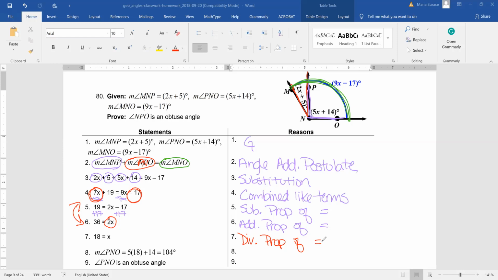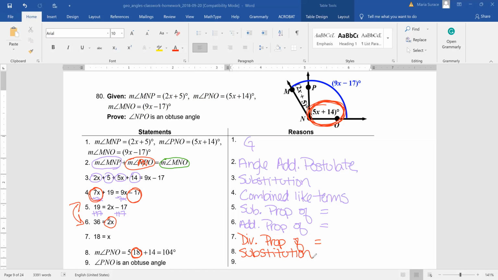Now that we know what x is equal to, we can go ahead and plug it into our PNO angle, 5x plus 14. So we can substitute 18 in for x. So our next step is substitution.